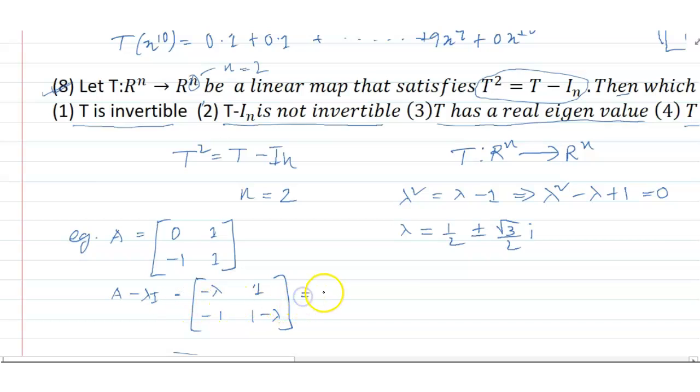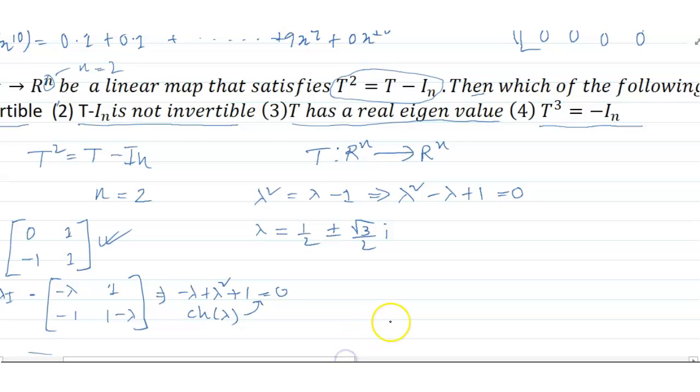So you will see that it is minus lambda plus lambda square plus 1. This is my characteristic equation equals to 0. So we check this matrix. I have to choose a counter example. So T does not have a real eigenvalue for n equals to 2.